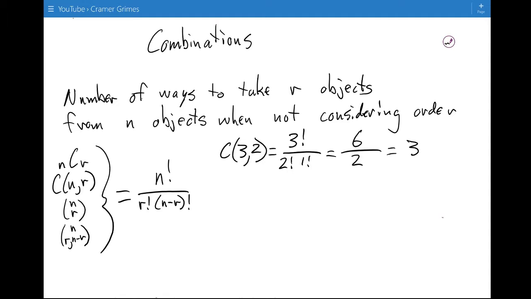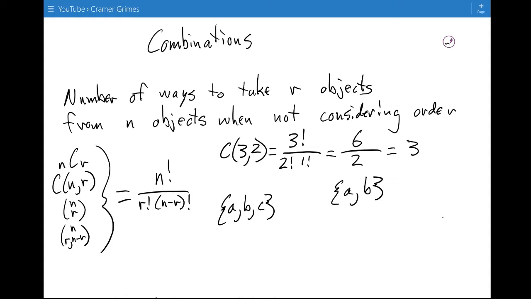So let's do a bit of a more concrete example. N objects, 3. Let's just do A, B, C. And then we can list out the ways to just take 2 without regard to order. So one way would be AB, and this would be the same as BA.